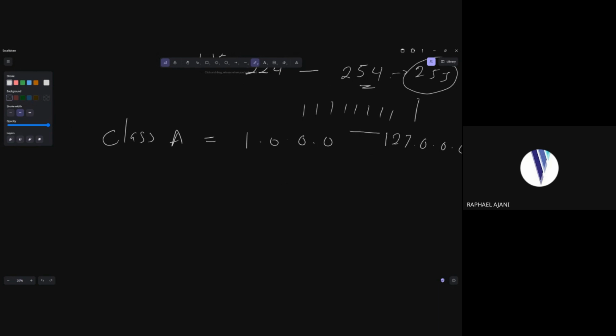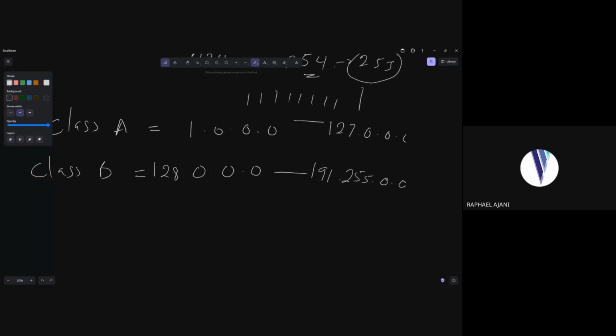And then class B is equal to 128.0.0.0 up to 191.255.0.0. It starts at the level after this.